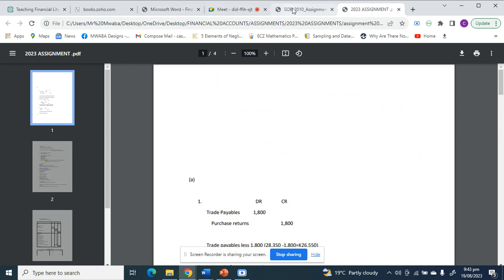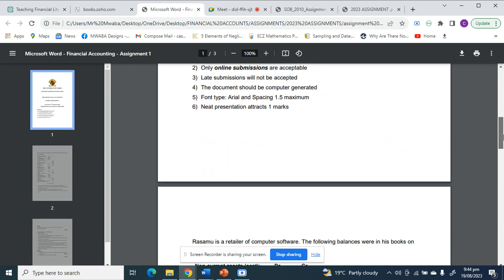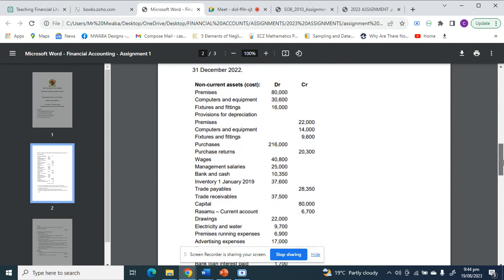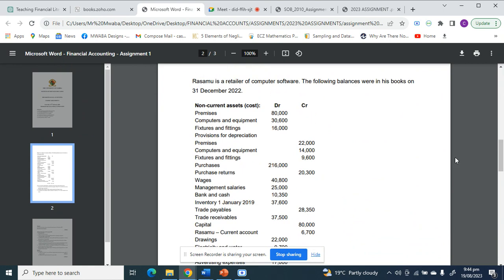I don't think there was any return inwards. Yes, so no return inwards. There was only return outwards.